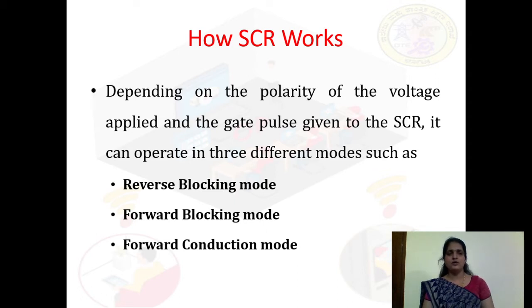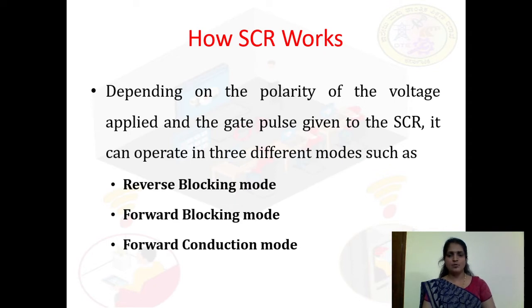Reverse blocking mode. In this mode, we apply the voltage polarity such that the cathode is given positive polarity, and the negative terminal is connected to the anode, and the gate is kept open. The working of the SCR in this condition is called reverse blocking mode.